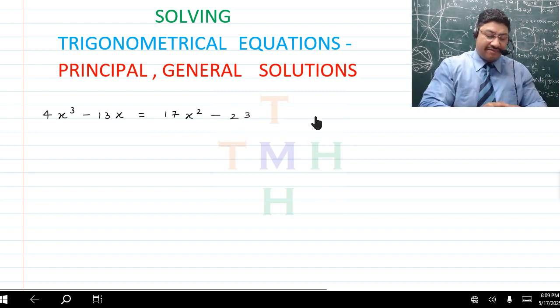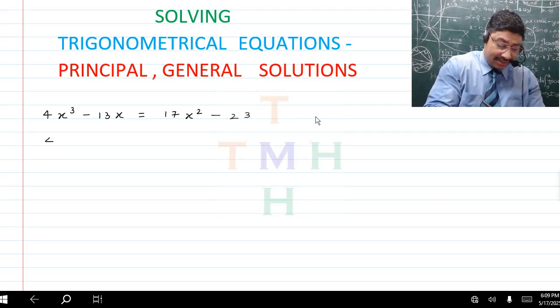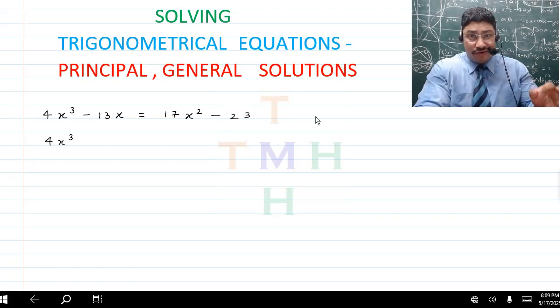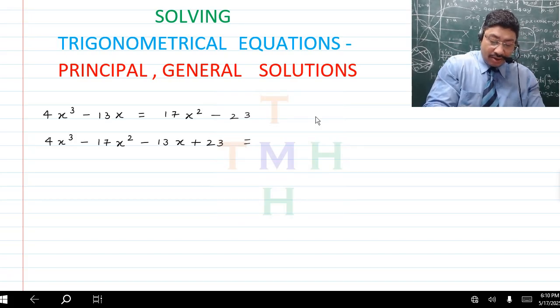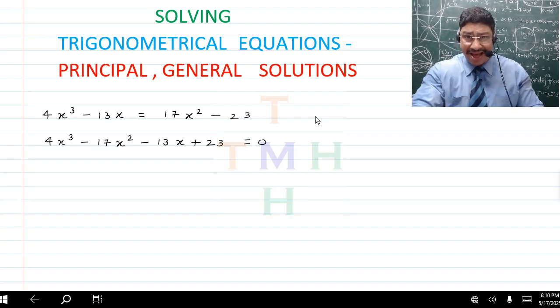Now normally when you have an equation, what you do is you bring everything to the left hand side, right? So we have 4x cubed, and then you write the terms in descending order of the indices. So we have 4x cubed minus 17x square minus 13x plus 23, which becomes equal to 0. So this is an equation which is normally formatted.